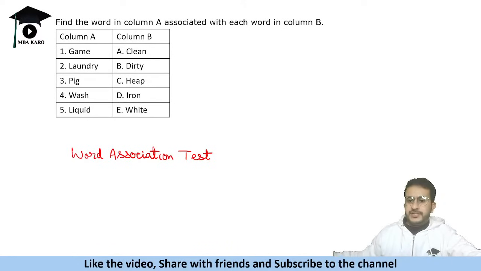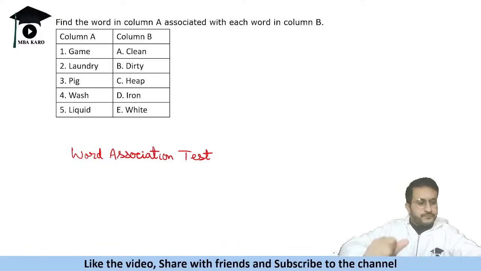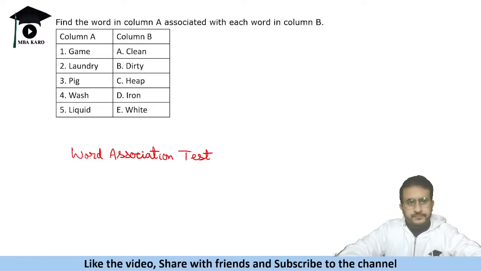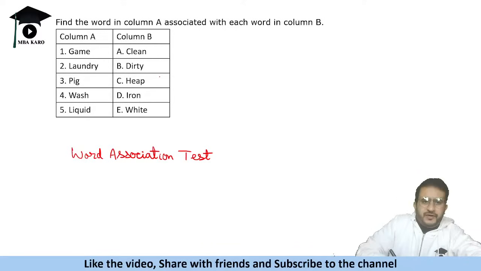So the words could be related in many ways, and sometimes it might be quite challenging also. Now the words given are clean, dirty, heap, iron, and white.